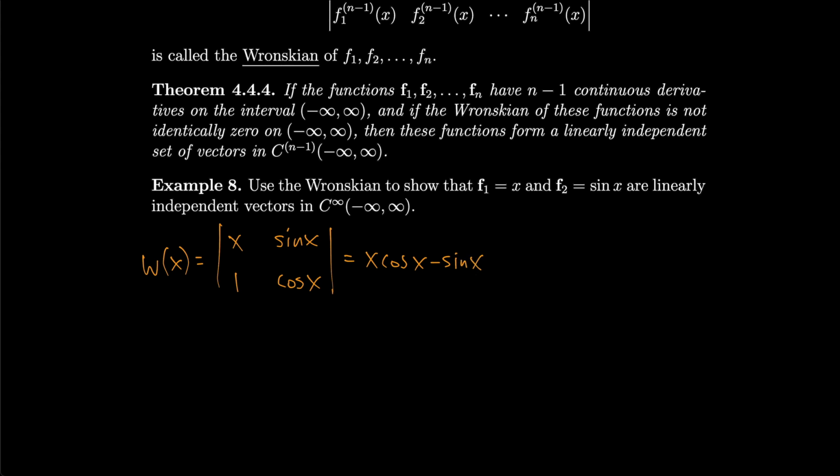Okay, so now how about we look at, for example, W of pi over 2. In that case, you're going to have pi over 2 times cosine of pi over 2 minus sine of pi over 2.